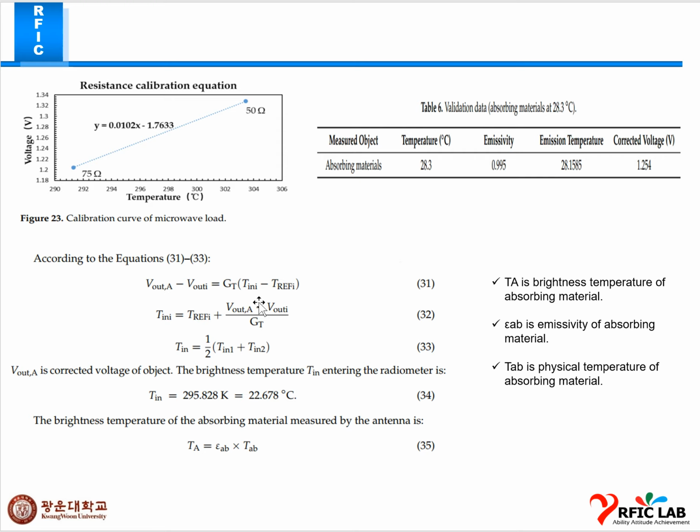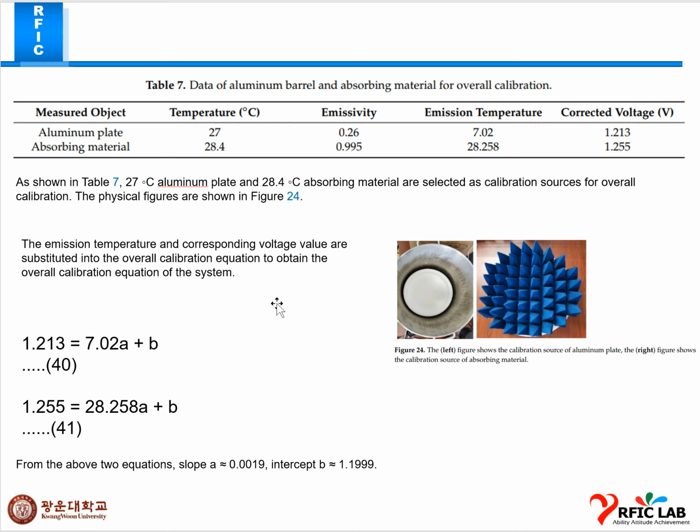We have a certain formula we have to use for calculating the brightness temperature of the observed material by the antenna, and for the corrected voltage, for calculating the temperature of the radiometer.